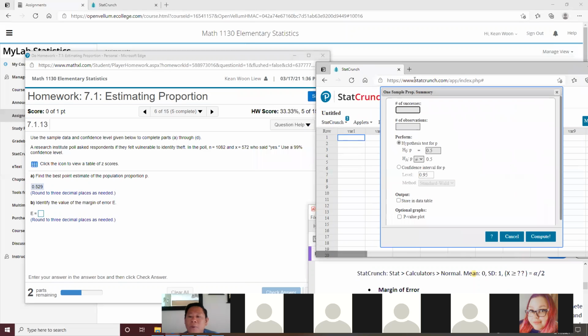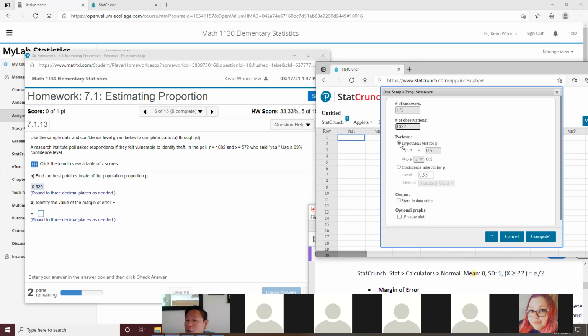What is the number of successes we have here? 572. And number of observations? 1082. Now, I want to point out that the number of successes should be less than the number of observations. If you got these two switched around, it will give you an error. So make sure you switch it back around.